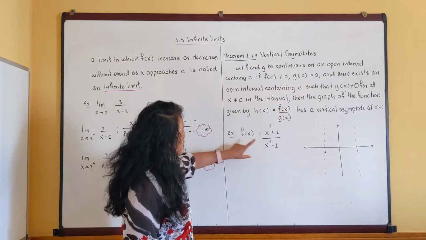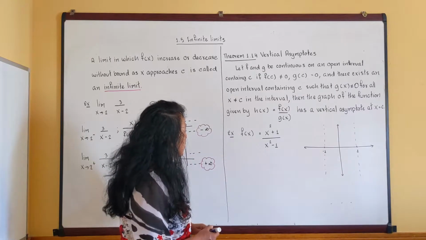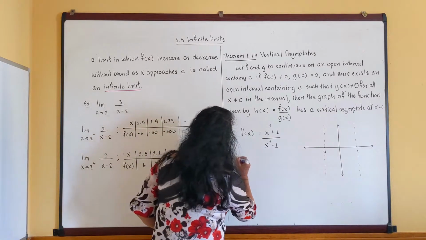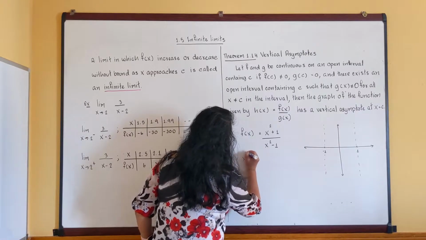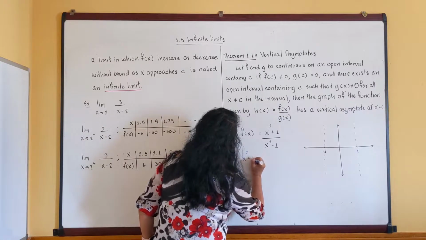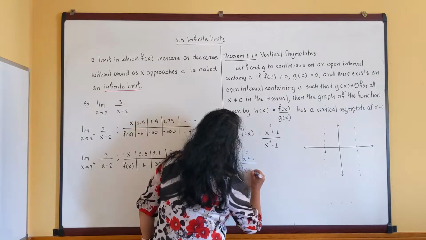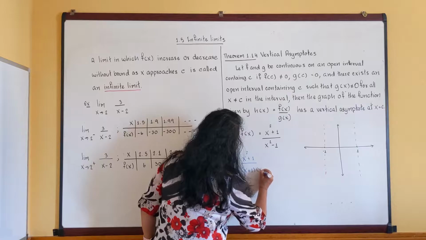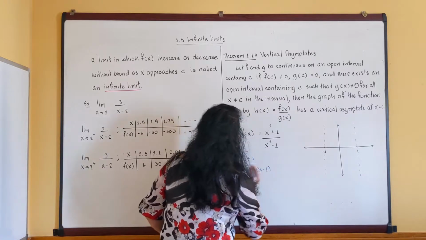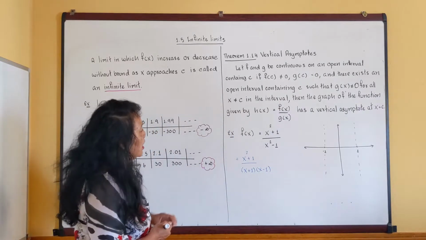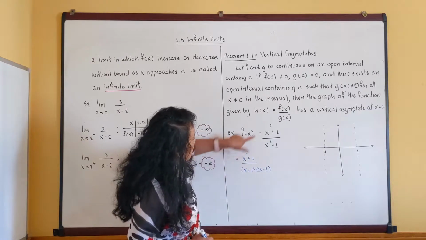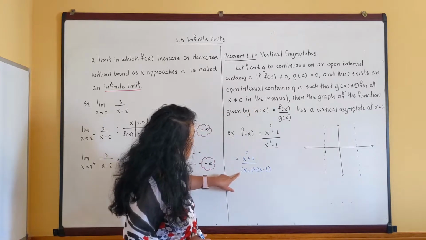I have a function here. I'm going to rewrite this as x squared plus 1 over x plus 1 times x minus 1. Now think of this as f of x, and this is g of x.